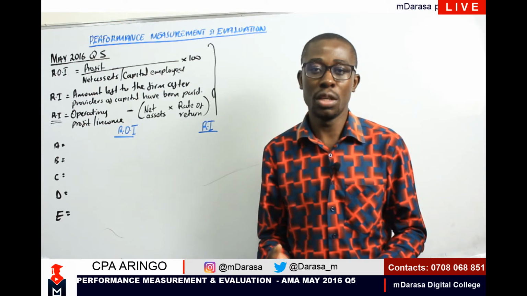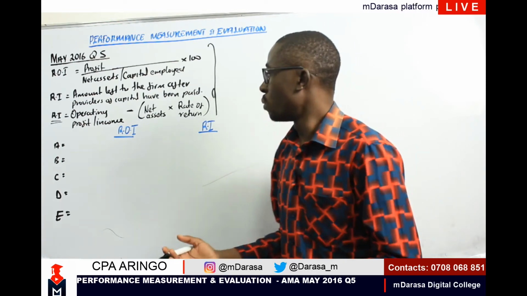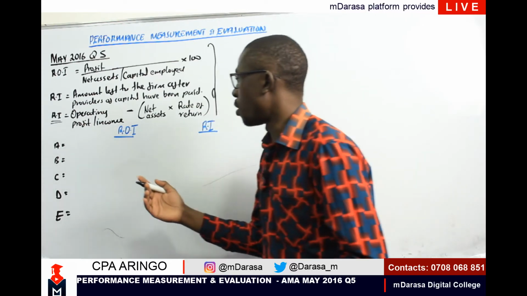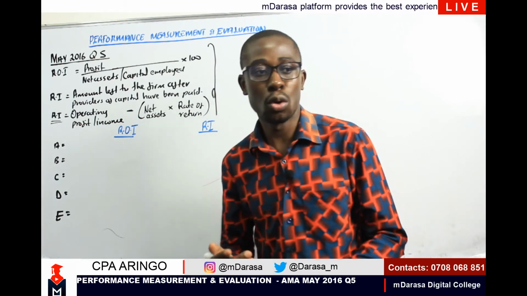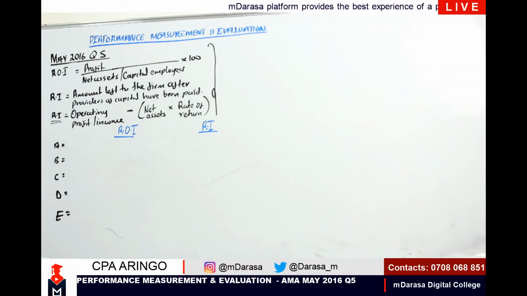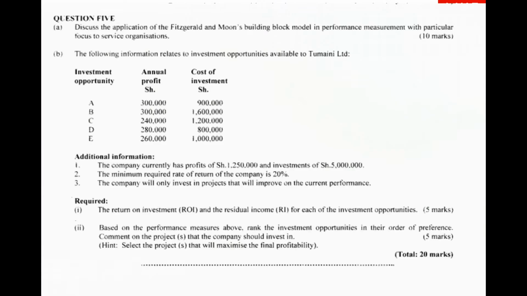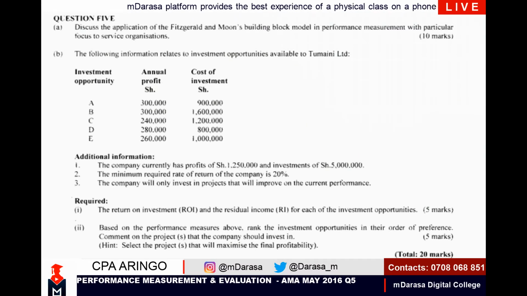This is what we injected in this firm. So for project A, we have our profit and we have our capital employed or net asset. Under investment opportunity, I'm having our annual profit, and our cost of investment.